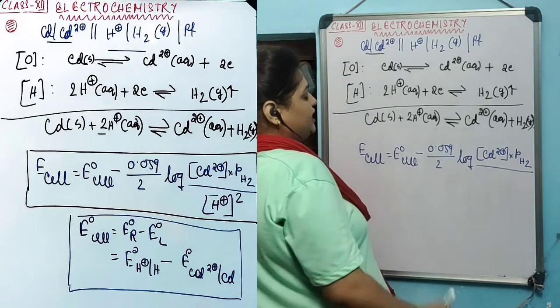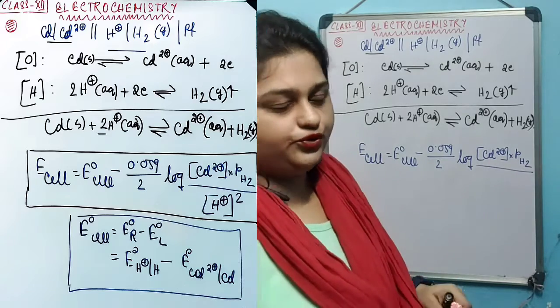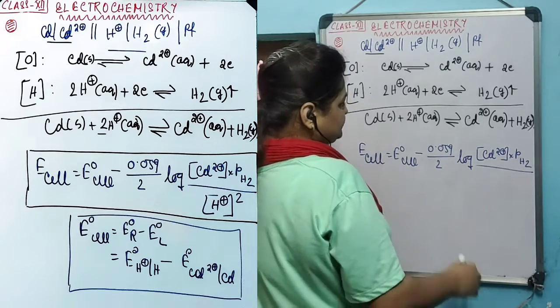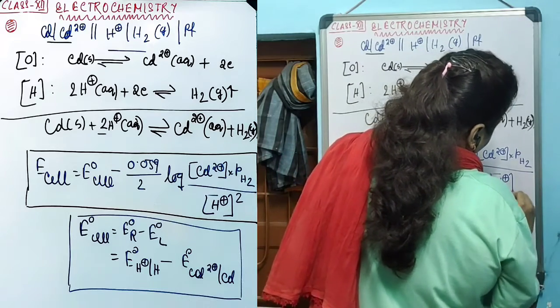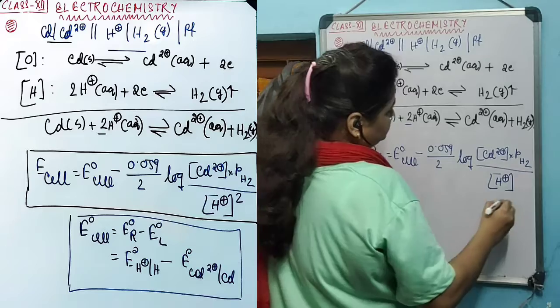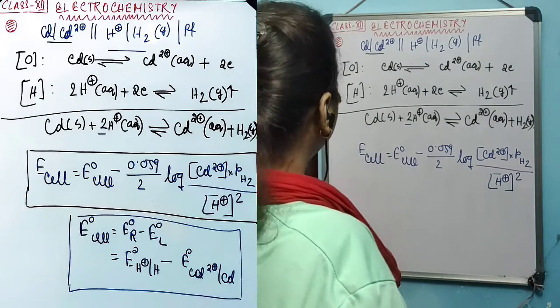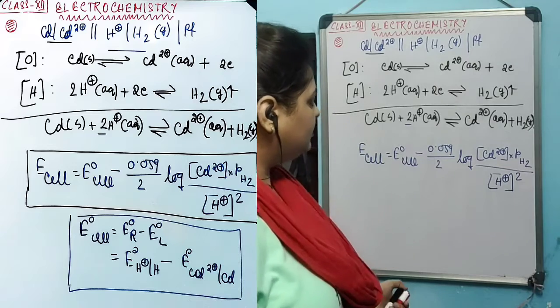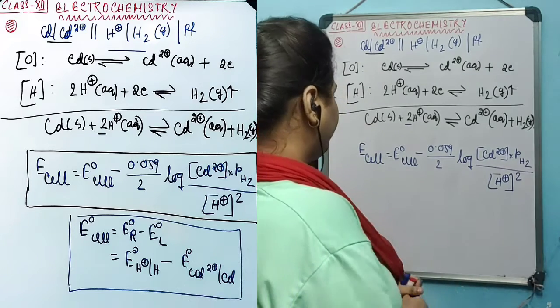The first one is cadmium in solid state. The activity of cadmium is taken as unity, that's why we are not going to consider it, and the concentration of H+ is raised to the power of the stoichiometric coefficient 2. So this is the overall electrode potential expression that we have constructed with the help of the Nernst equation.